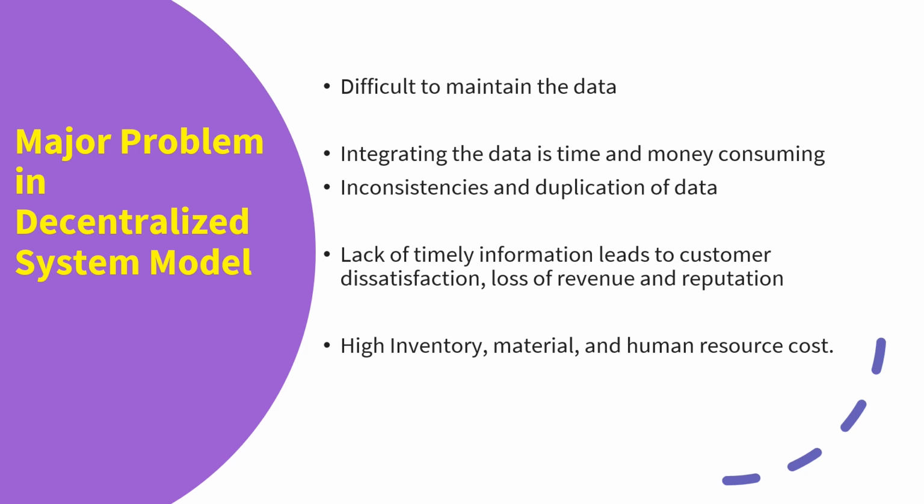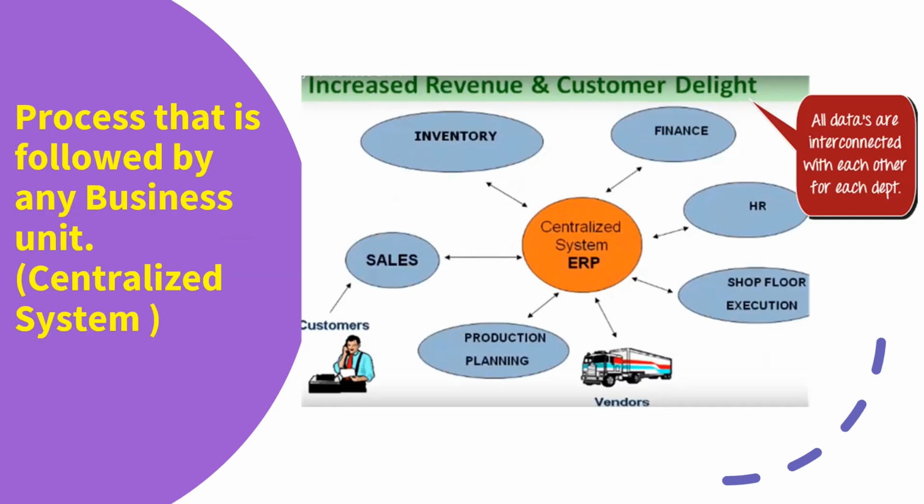So let's talk about the centralized model. In this model, data is maintained in a central location and shared with different vendors or departments. Departments have access to the information or data from other departments.